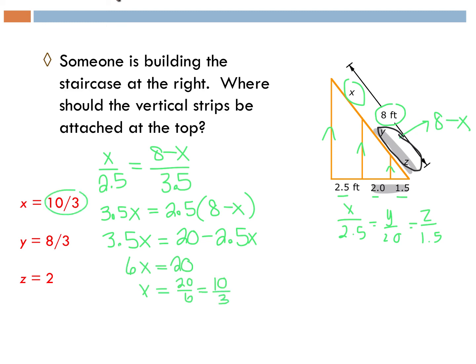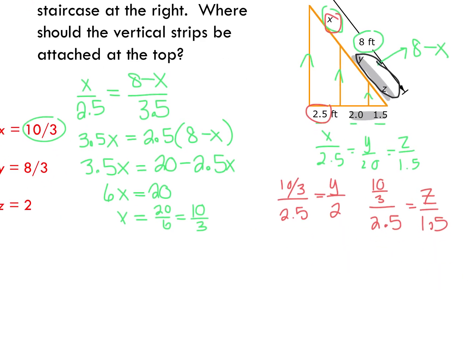Now that I have X, I could find Y, I could find Z. So the way I would set that up, let me use some more colors. I'm going to take x that I just found over 2.5. So 10/3 over 2.5 is going to equal y over 2. And then 10/3 over 2.5 is going to equal z over 1.5. All right, find those two cross products.